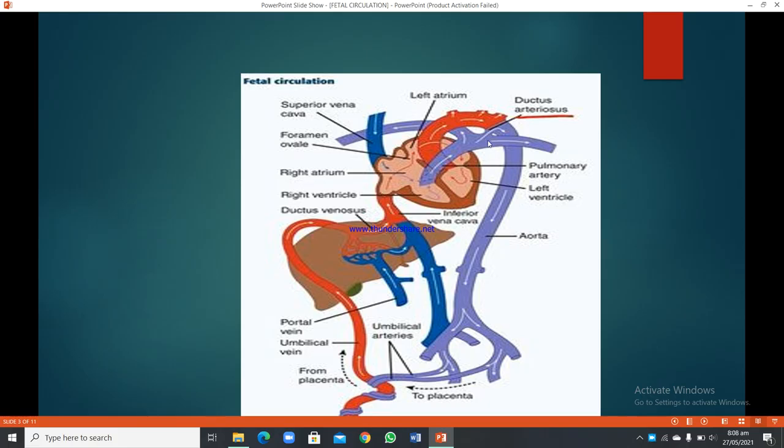And here the blood is oxygenated in the umbilical veins, and deoxygenated blood is carried in the umbilical artery. This is different from the normal circulation. In the regular human circulation, what happens? The arteries carry the oxygenated blood and veins carry the deoxygenated blood. So here lies the difference.